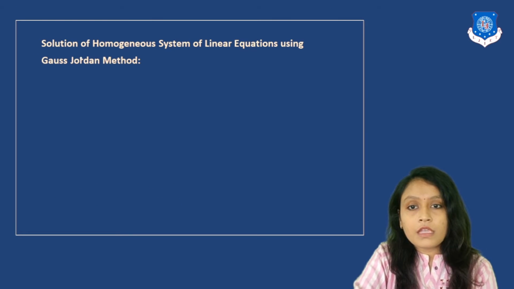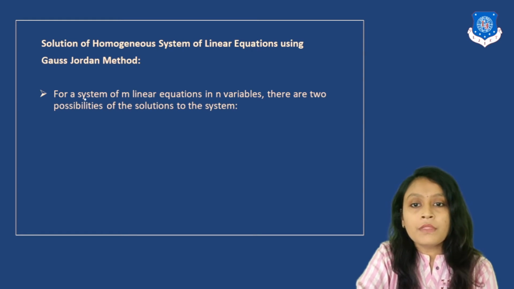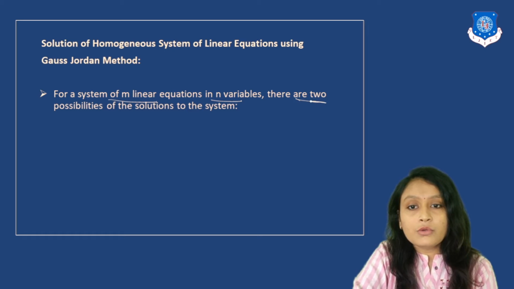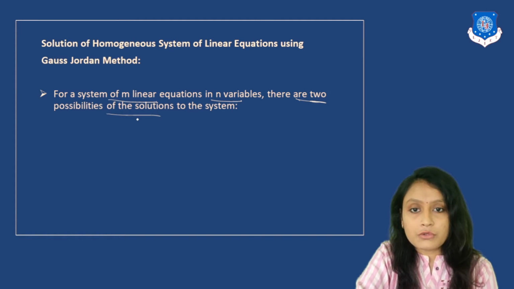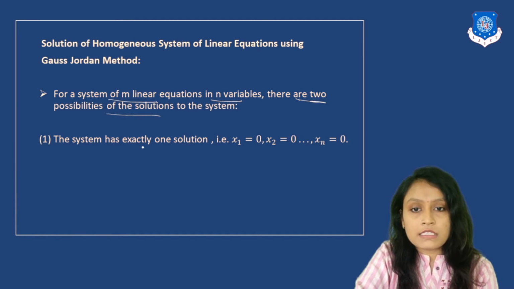Next, we will study the solution of a homogeneous system of linear equations using the Gauss-Jordan method. For the system of m linear equations in n variables, there are two possibilities for the solution. The first one is that the system has exactly one solution, that means a unique solution.